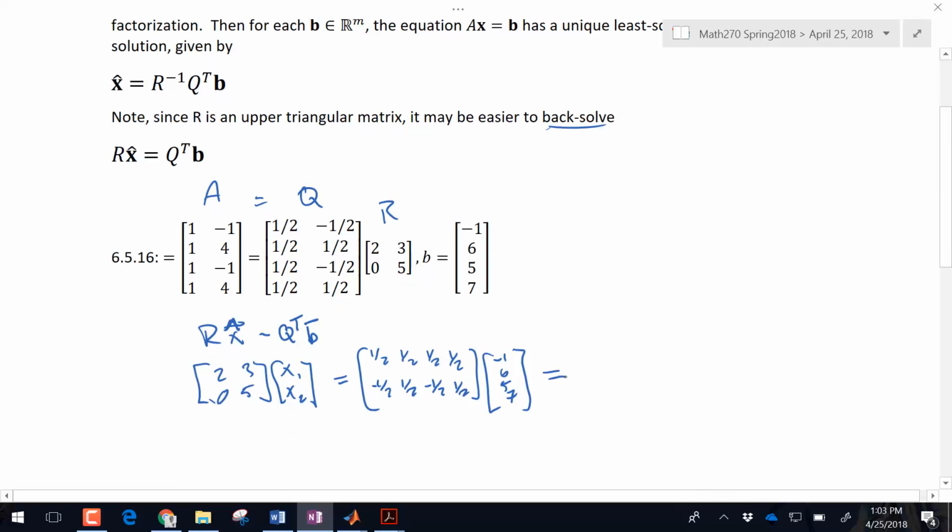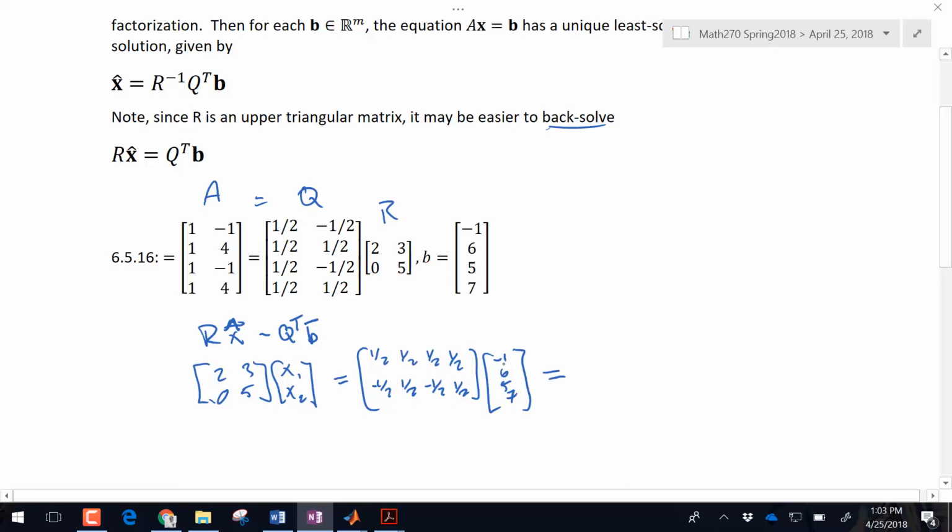So let's work out the right-hand side, and it looks like everything's going to be multiplied by 1/2 for the first one. So everything's divided by 2. Minus 1 plus 6 plus 5 plus 7. What's 6 plus 5 plus 7? 18.